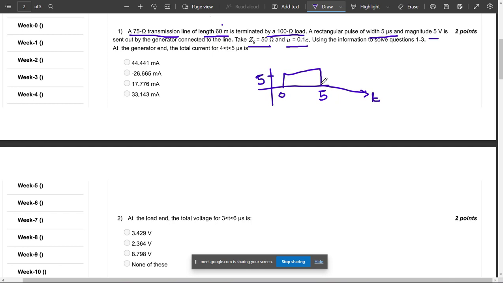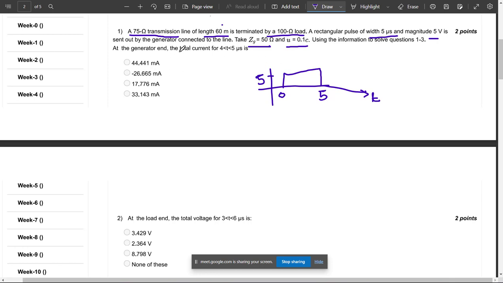The rectangular pulse of 5 volts is sent out by the generator connected to the line. Take Zg equals 50 ohms and the speed of wave equals 0.1 c, where c here is the speed of light. So you understood the question.